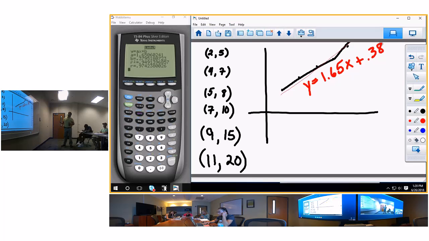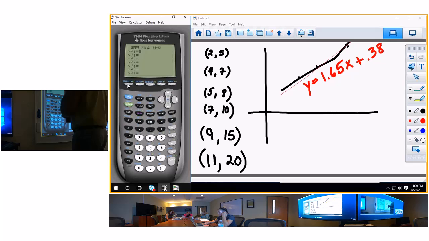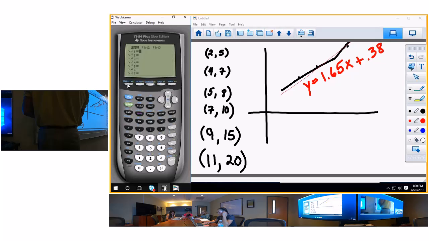But I don't know what the red line looks like because I just threw up a guesstimate. So what we're going to do is go back to y is equal right here. And we're going to type in y is equal to 1.65x plus 0.38.